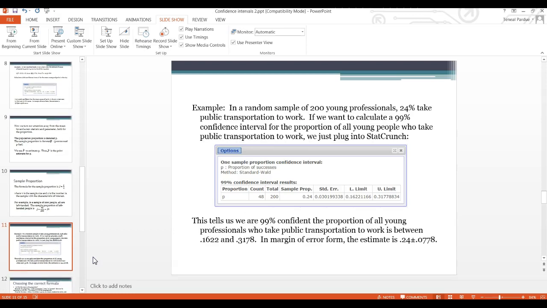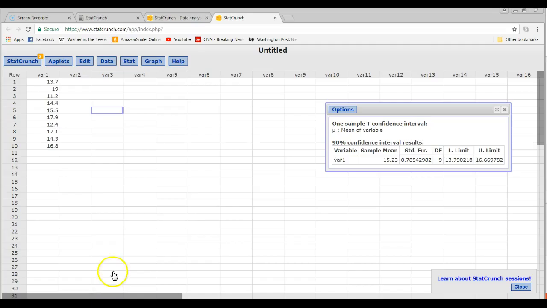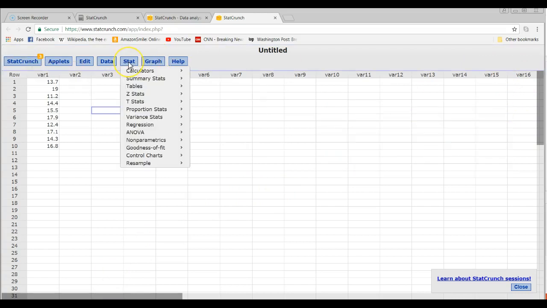So if we went over to StatCrunch and we did this example, we want to do a 99% confidence interval for the proportion of all young people who take public transportation to work. That's actually the same data, but I put it in a different context for some reason.